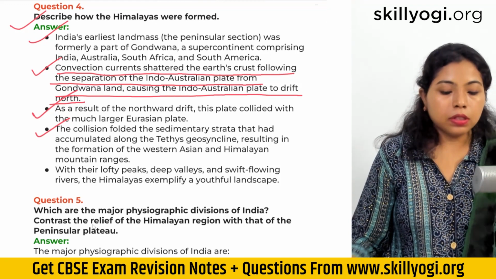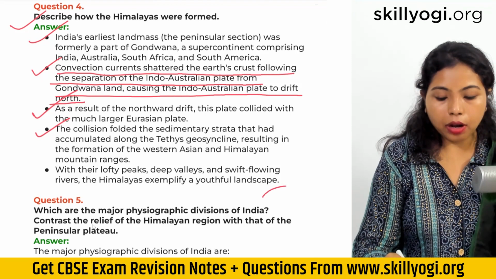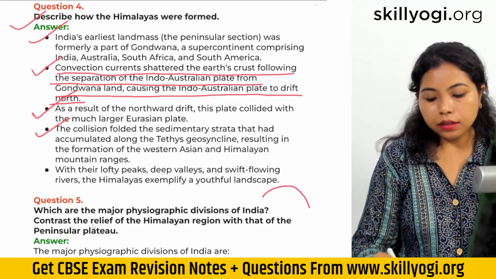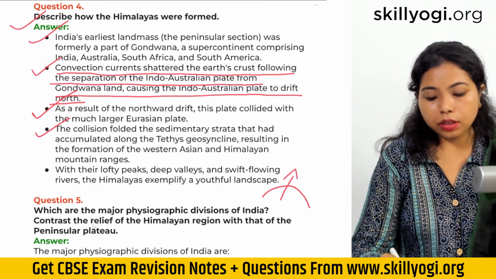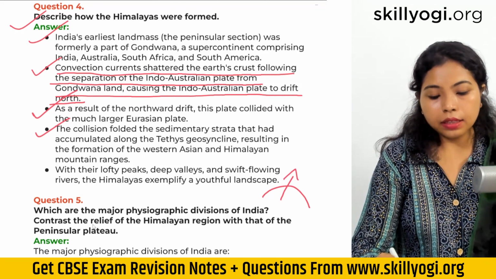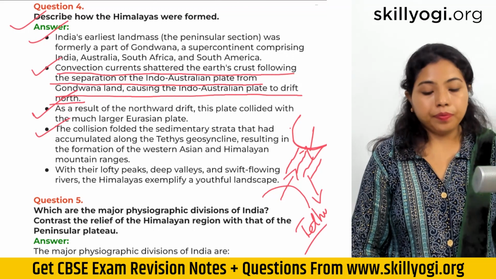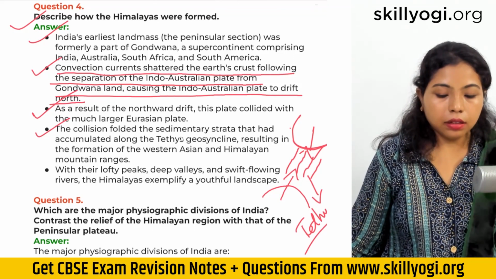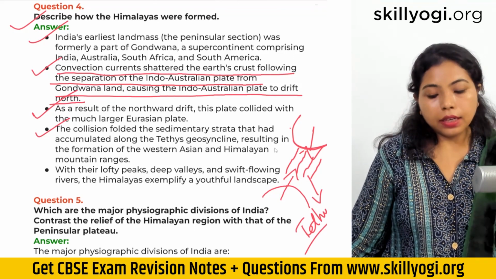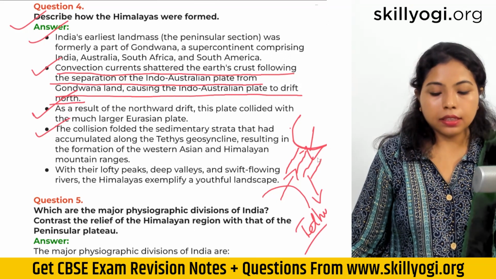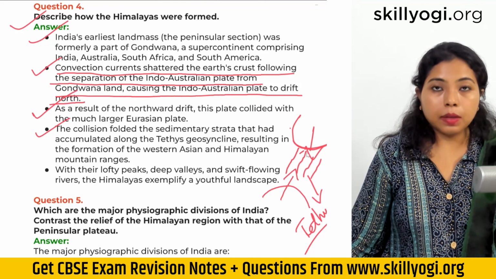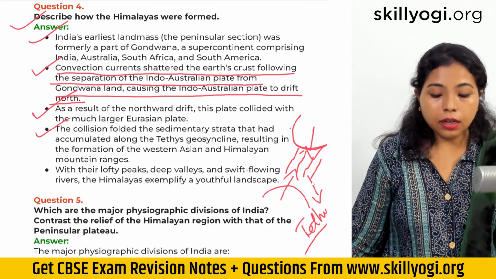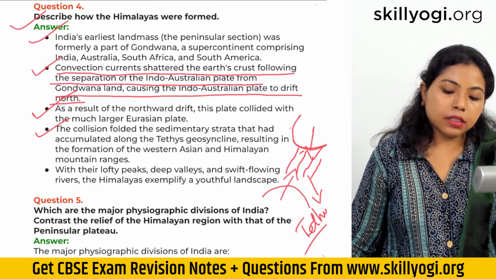So, suppose this is the Indian subcontinent plate, which is drifting towards the north, and here is the Tethys, which is a geosyncline. There is some deposition of sedimentary rocks there.